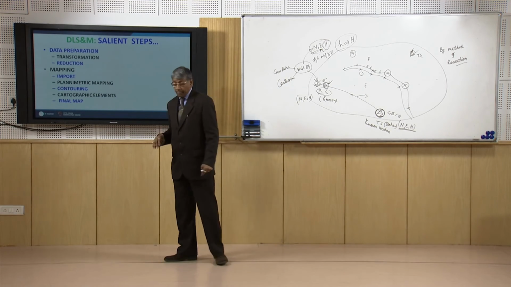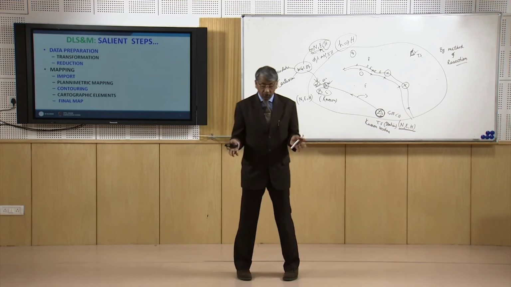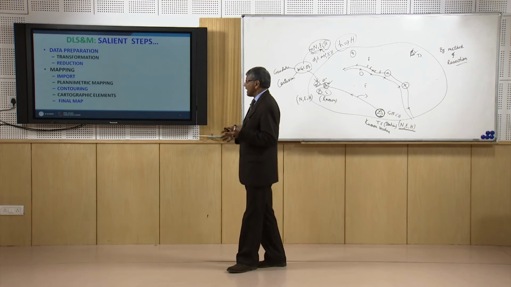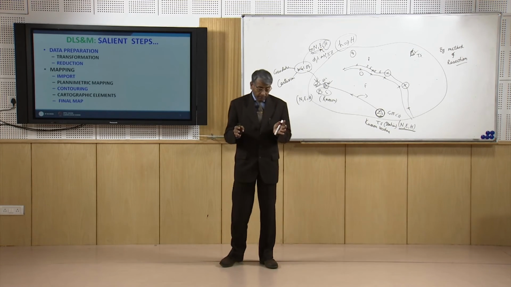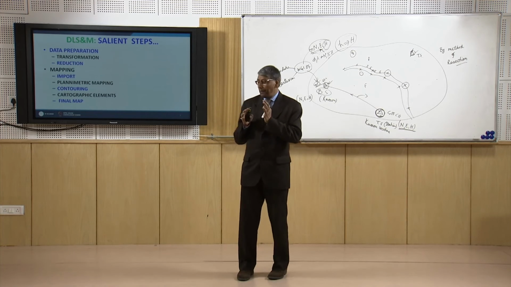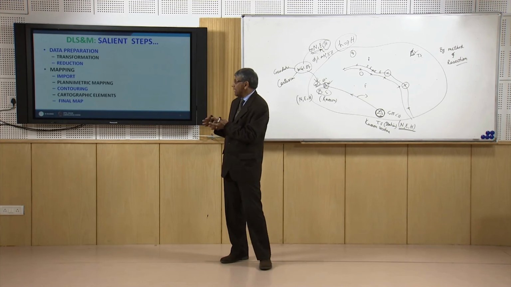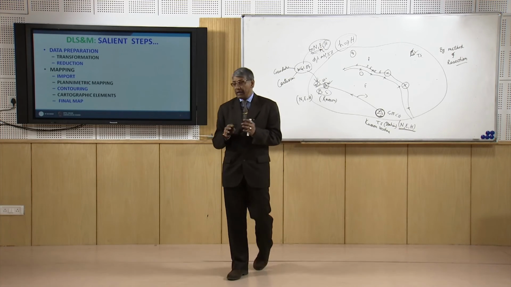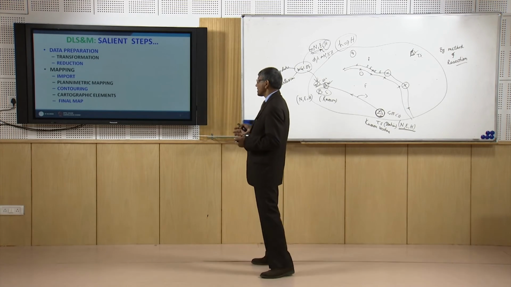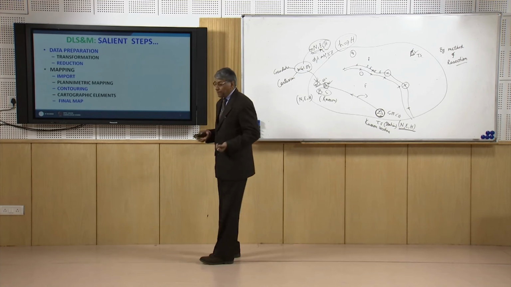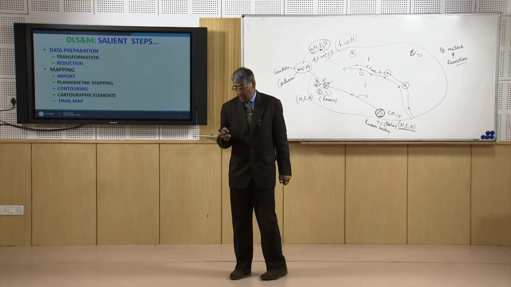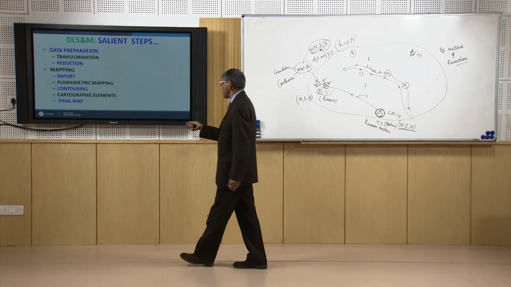Once the mapping software imports the data, those data will be kept in a file, and then our mapping software may independently do planimetric mapping and contouring. Some mapping software does all these things together. Depending upon what modules are available, let us say first planimetric mapping.